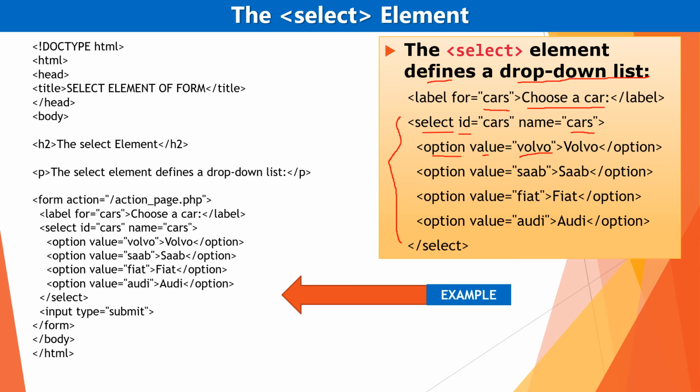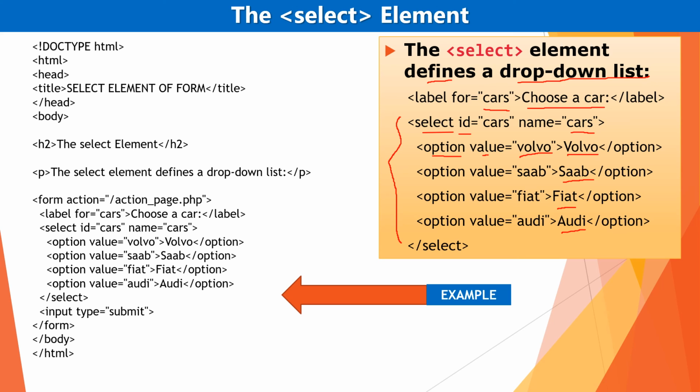So Volvo is given in the option value, and this will be displayed on the browser. Next are Saab, Fiat and Audi, with the values inserted into double quotation marks. The option element always ends with the end option tag, the slash option, and the select element is also ended with the end select.